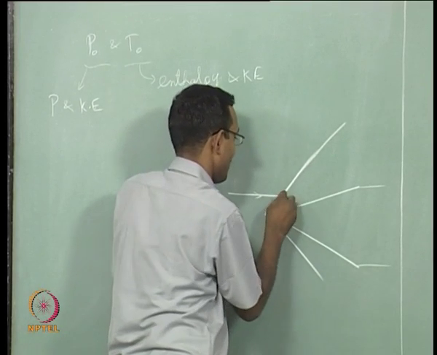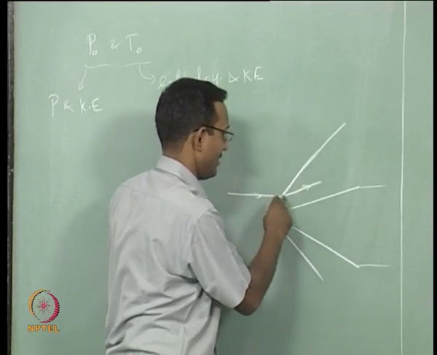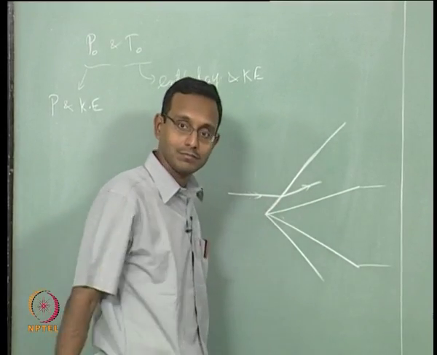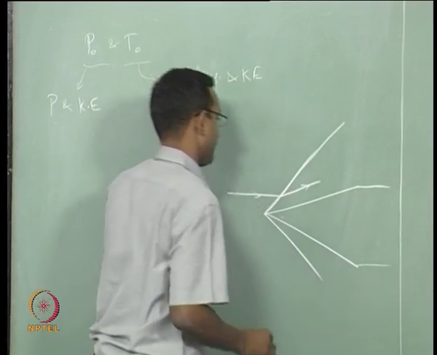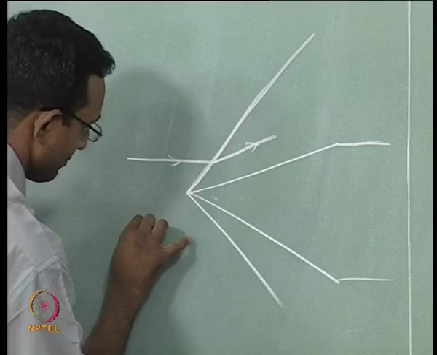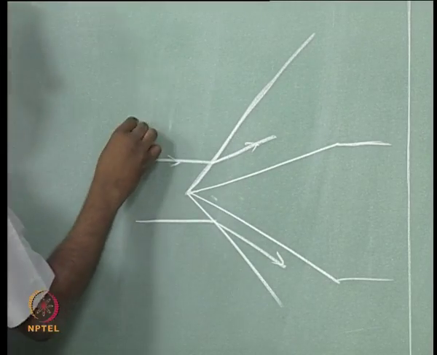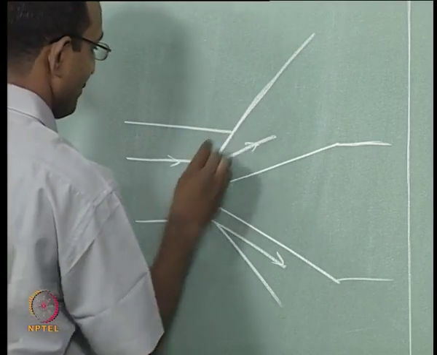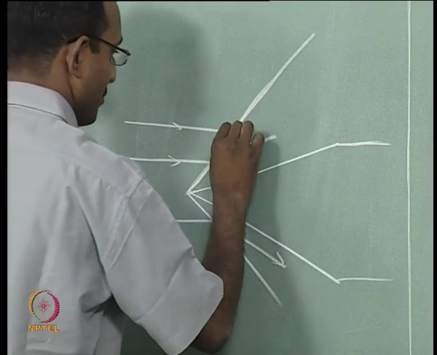Because of that, this flow will turn and go along this line. That will start happening at this point. Okay. So if I look at another streamline, it is going to do something like this. I will pick another close to this streamline somewhere here. They are parallel, and when they go out again they should be parallel.